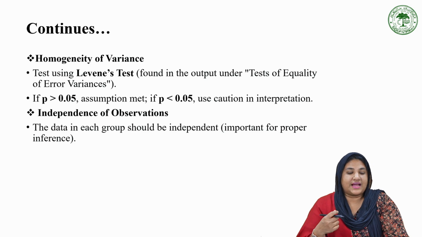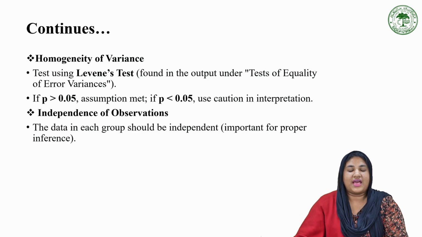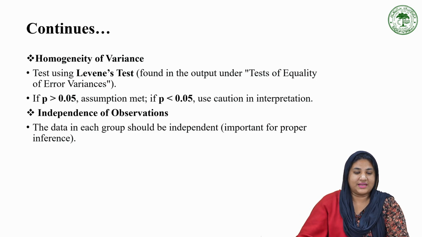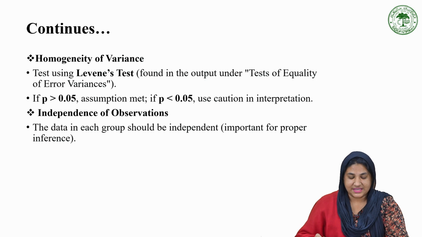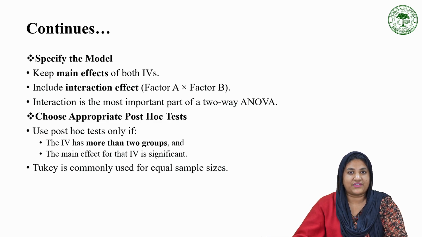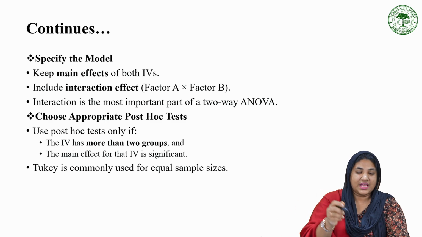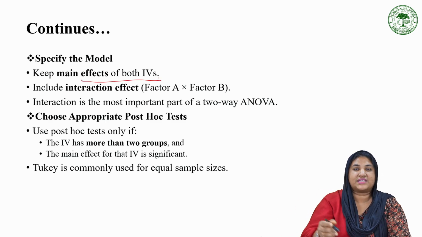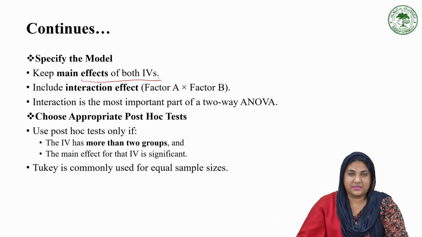Moving on to the next slide, you should also ensure homogeneity of variance. Once you test Levene's test and check independent observation, you should go on to specify the model. Once you specify the model, you have to keep the main effects of both independent variables.